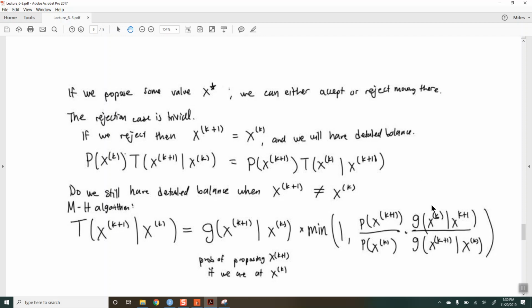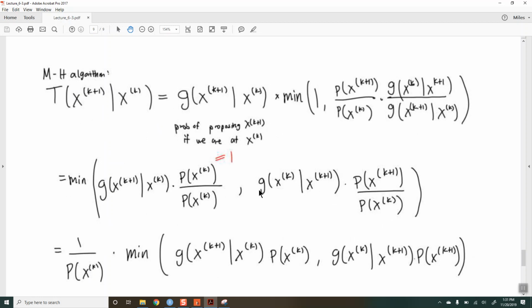That says the probability of proposing xk given xk plus 1, divided by the probability of proposing xk plus 1 given xk. So if we know how the proposal distribution works, and it's more likely to propose certain values than others, then when it does propose those rare values, we're going to give them more consideration. Okay.